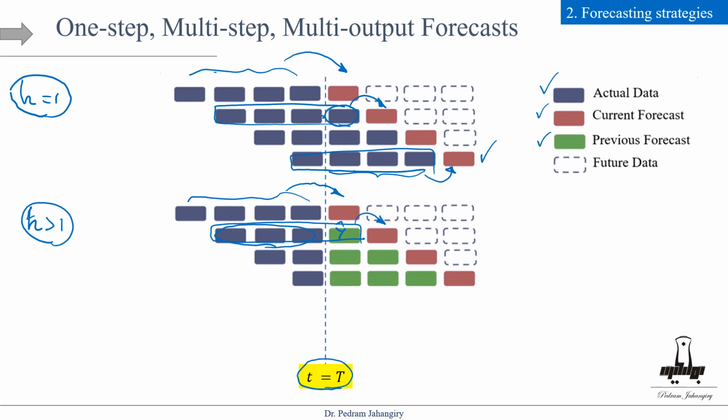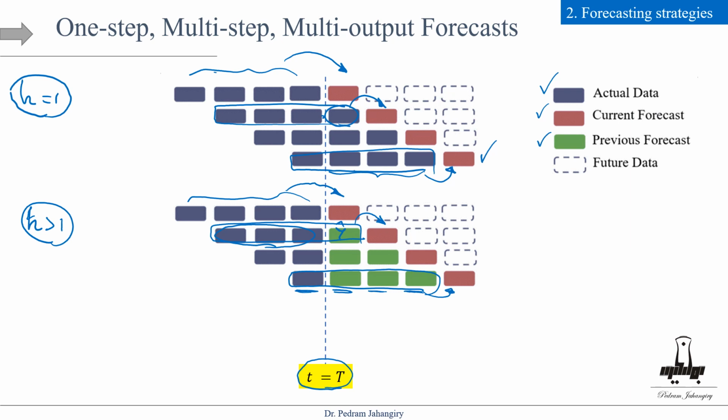You can use the actual data and the previous forecasts from previous steps, and the model will use these 4 inputs to make a forecast for 4 days from now. So the difference between multi-step and one-step is that for a forecast 4 days from now, in multi-step you can do it now, but in one-step you have to wait 3 days.